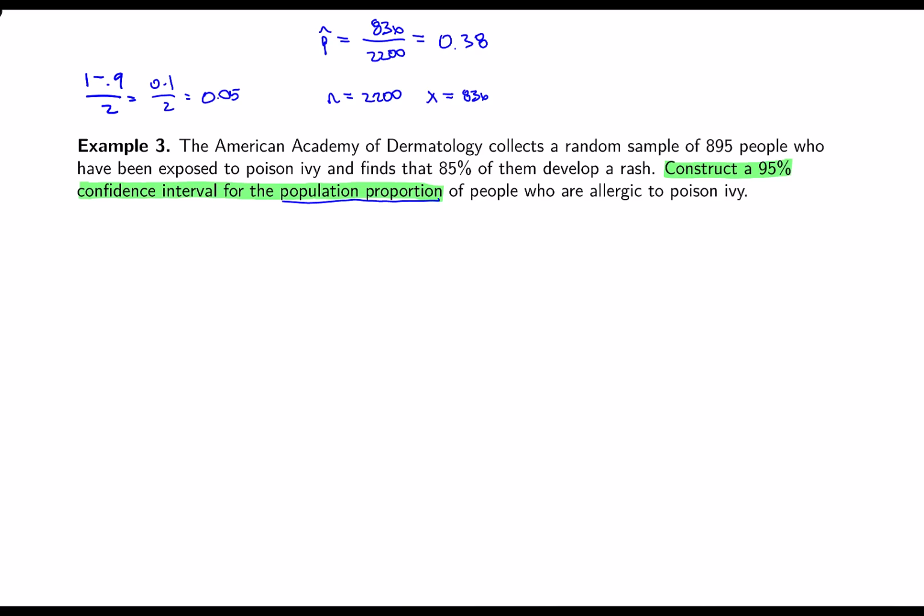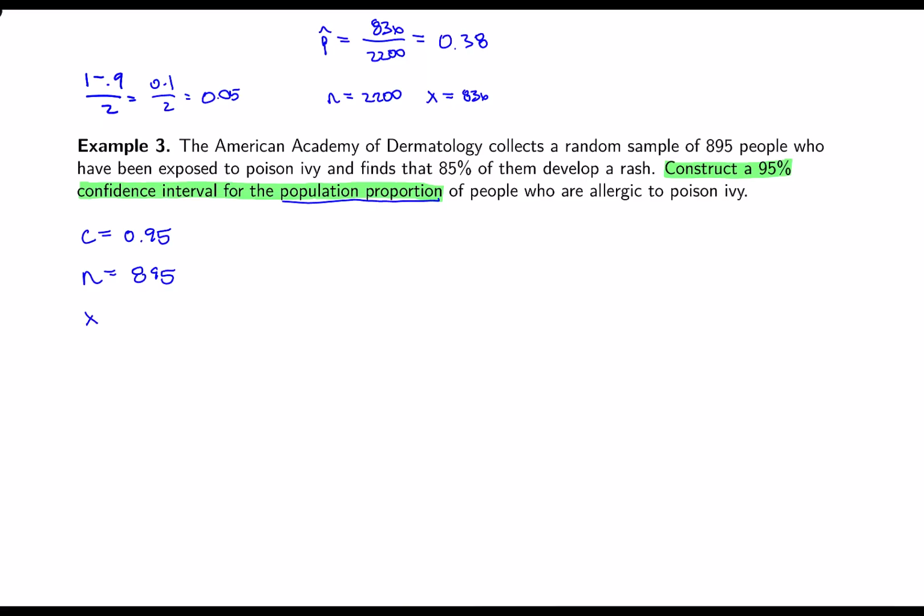Now, to do this, there's some basic things that you need. You're going to need your level of confidence, which in this case is 95%. You're going to need your sample size, which is 895.